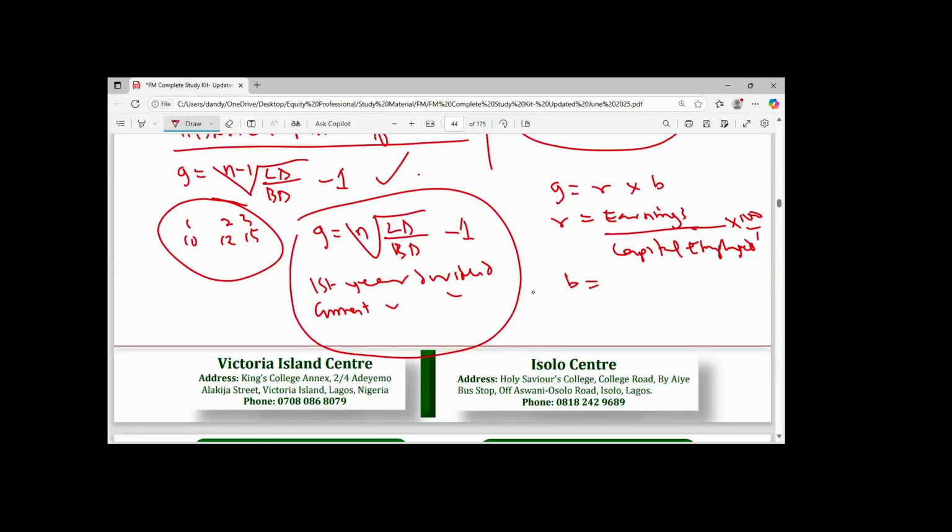Then number B, which is the retention rate. From the earnings the company has achieved, part of it will be paid out as dividend, then part will be retained in the business. The proportion that is retained in the business is the retention rate. To get the retention rate, pick your earnings minus dividend, divided by earnings, or multiply by 100%.